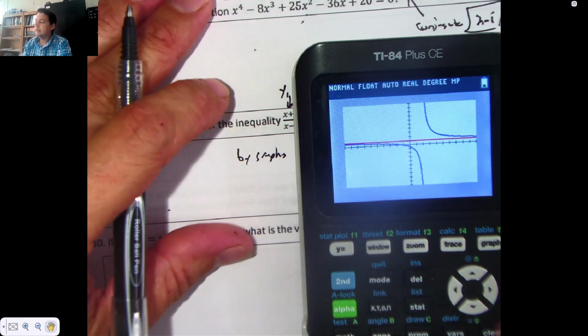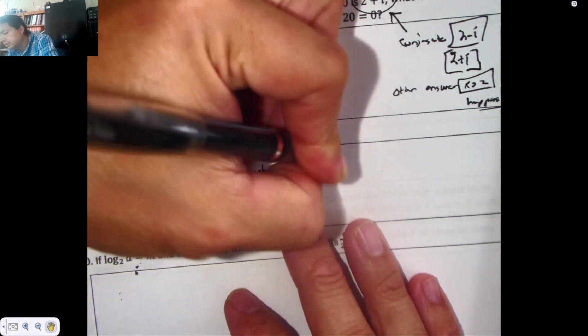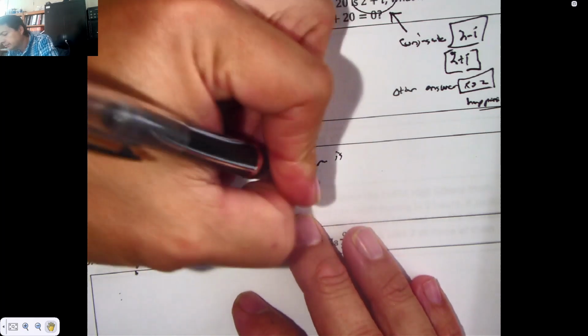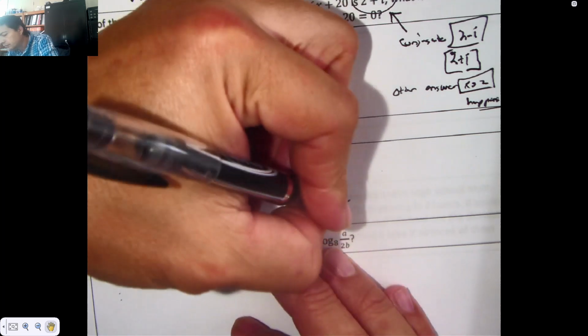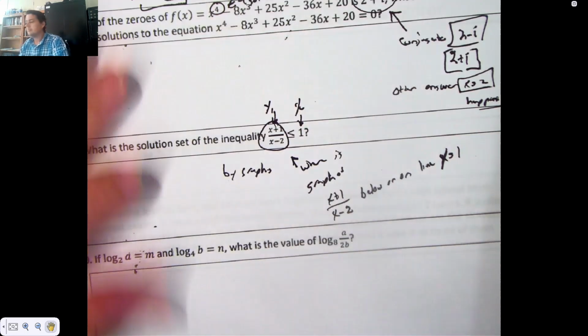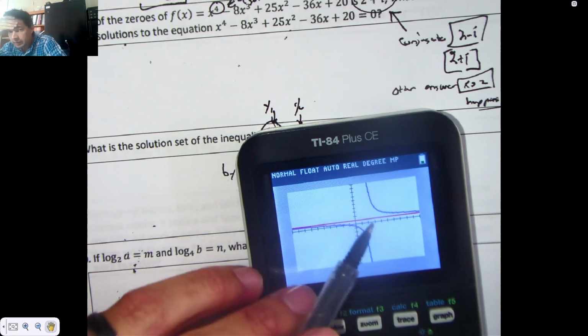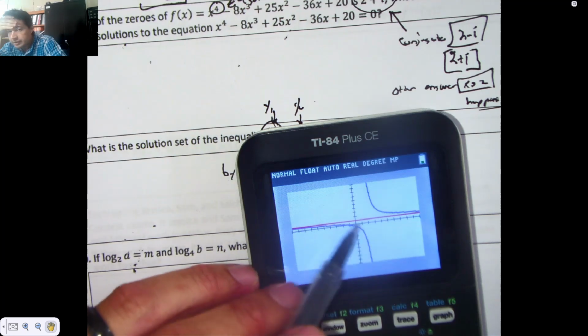And what this is asking is, where is this graph below or on the line y equals 1? That seems to be happening here. It looks like so long as x is less than 2, this is true. It's happening for x values less than 2. So x is less than 2.